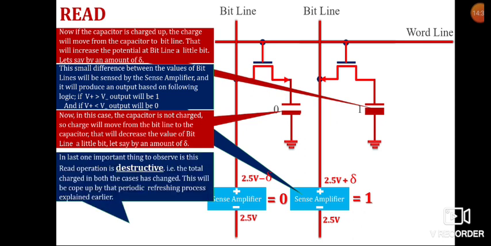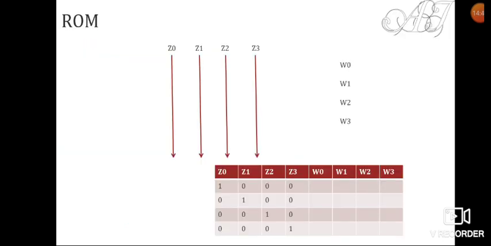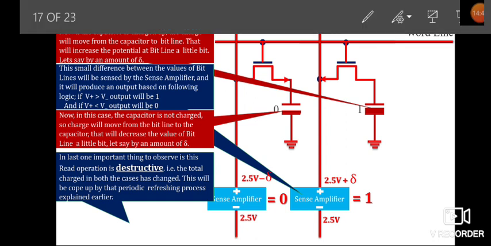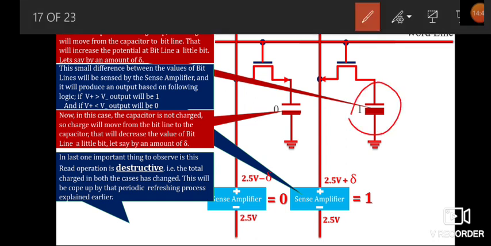There is one more important thing. If you have observed, here also the capacitor was initially fully charged, and after this read operation the potential across this capacitor has reduced.